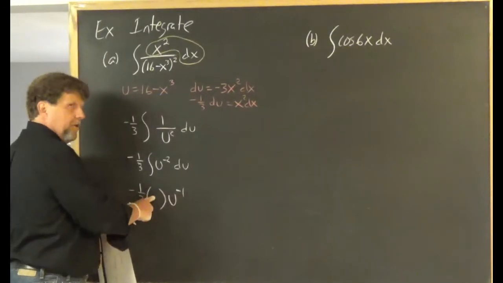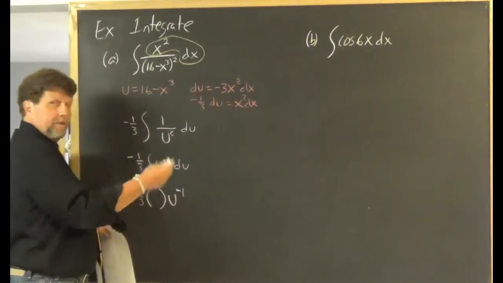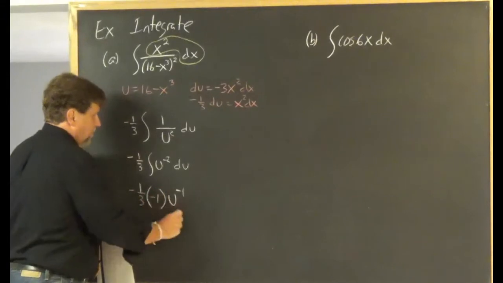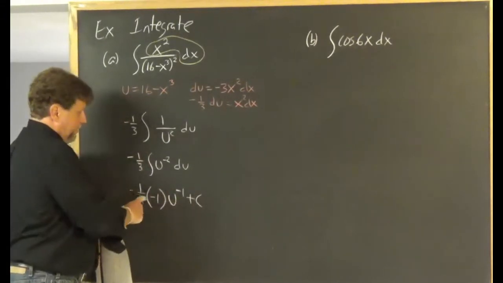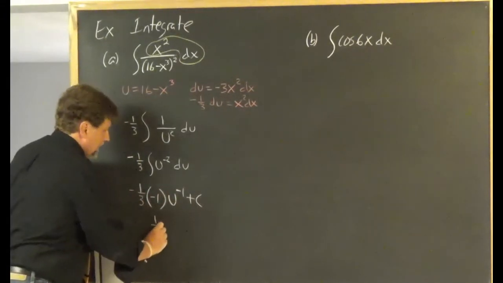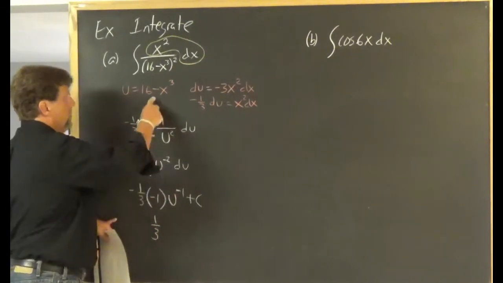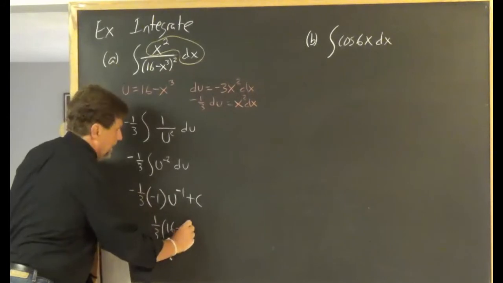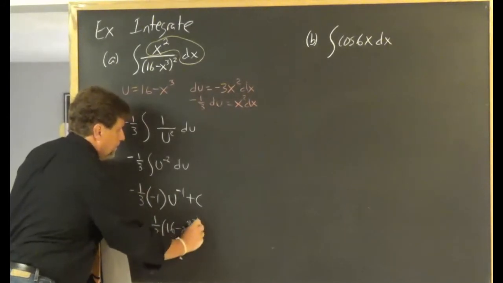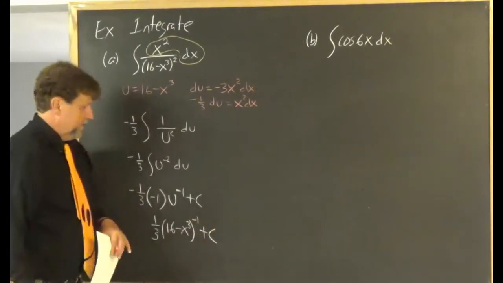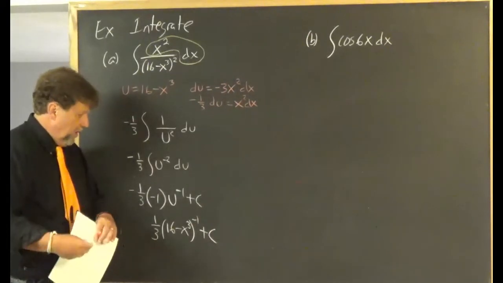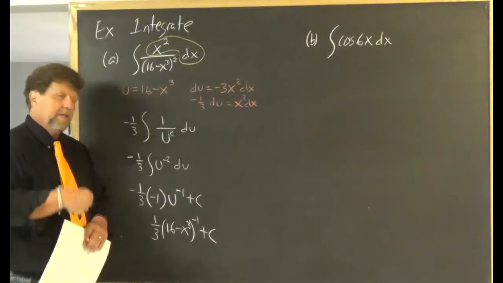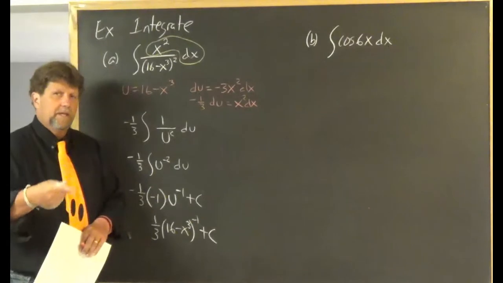Put the reciprocal of the new exponent in here. The reciprocal of negative 1 is negative 1. Negative 1/3 times negative 1 is positive 1/3. My u was 16 minus x cubed. So the antiderivative is 1/3 quantity 16 minus x cubed to the negative first power plus c.